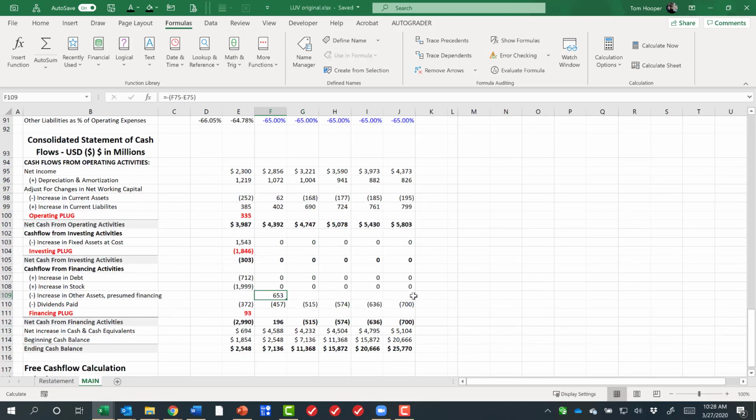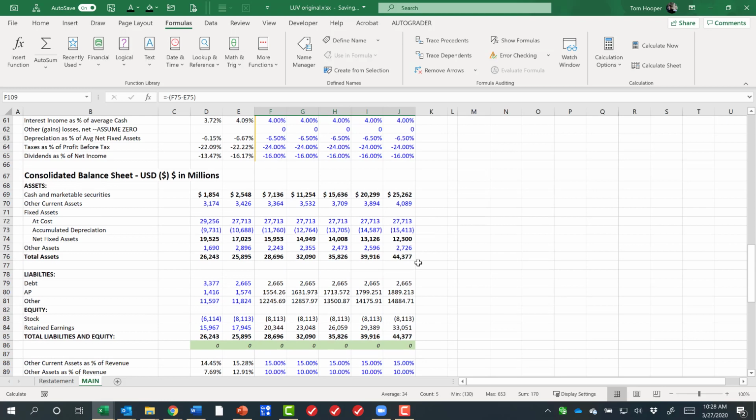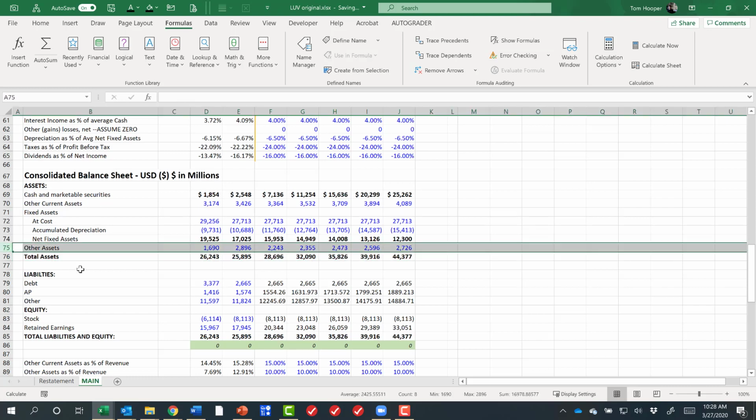To fix the remainder, I would have to come in here with a Control R. And then we've applied that change to all years. So that was a bit of a segue, but if you're having trouble balancing your balance sheet, your model, and it's because you've added other items on the balance sheet that were not in our pro forma practice, then hopefully this most recent video has been helpful.